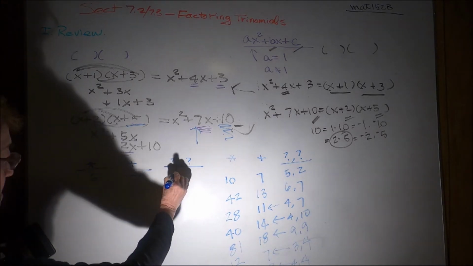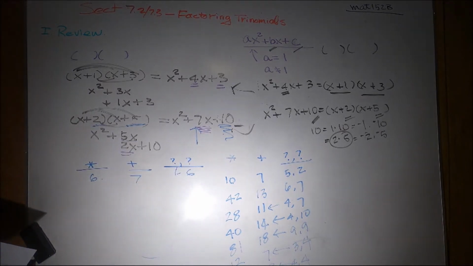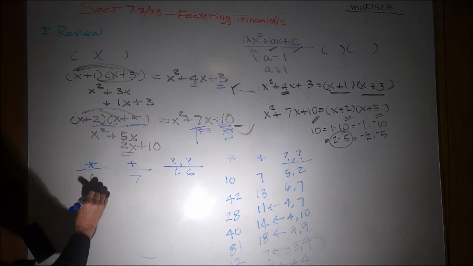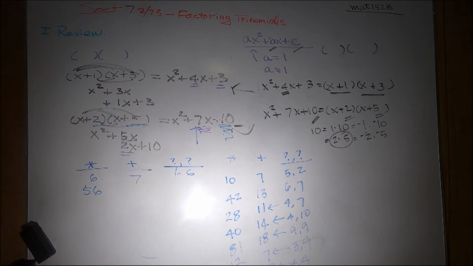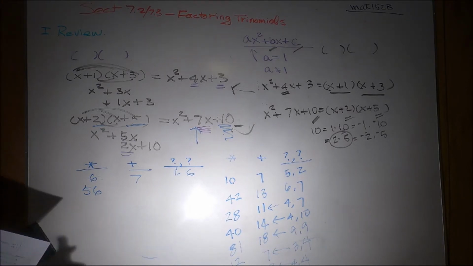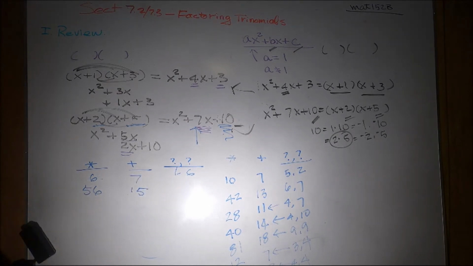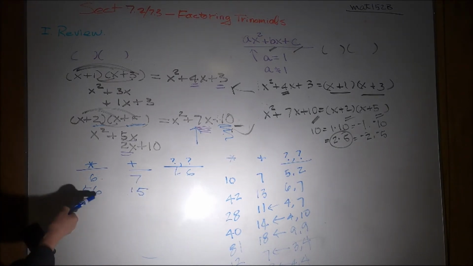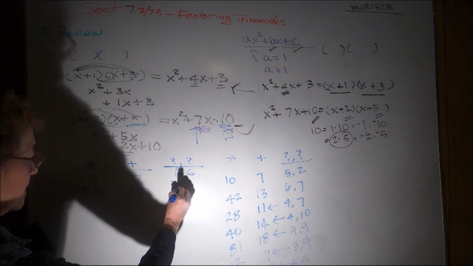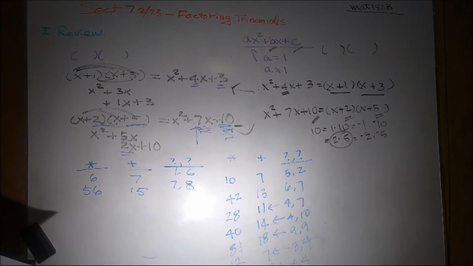Add together, 7, that would be this number. How about 56? Your homework may have a big number. Then you need to break it down, analyze the internal elements it has, then separate into two parts. See if they add together to this number, 15. Which two numbers can you think of, right? It would be 7 and 8.